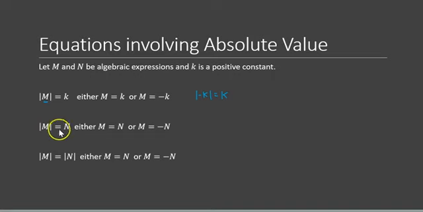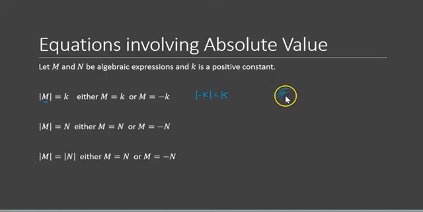Same thing, either m is equal to n or m is equal to negative n. Similarly, if you have equations wherein the two sides have absolute value, we are doing the same computation. It's either m is equal to n or m is equal to the negative of the other number.